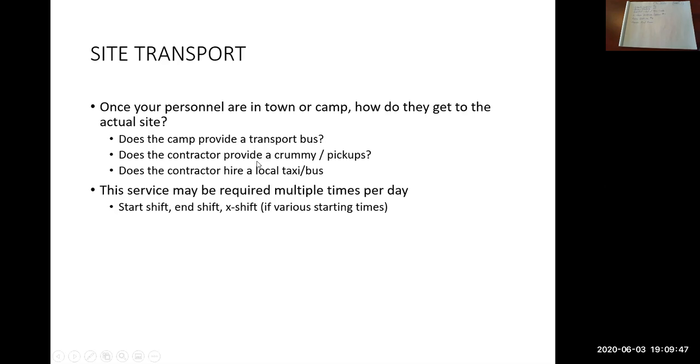Or do you, the general contractor, provide your people with rental vehicles? That's a possibility. So pickups, or does the contractor hire a local taxi or bus? There are different ways to do it.